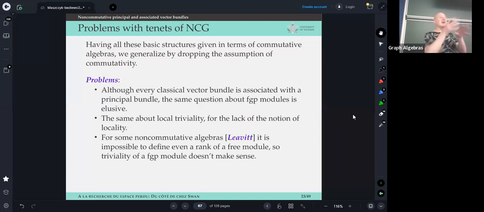Yeah, this special one. Yes, constructed by Leavitt to show that there are non-commutative algebras for which it is impossible to define even a rank of a free module, because finitely generated free modules over this algebra could be isomorphic even if they have different exponents.